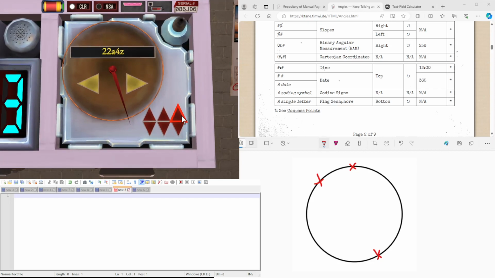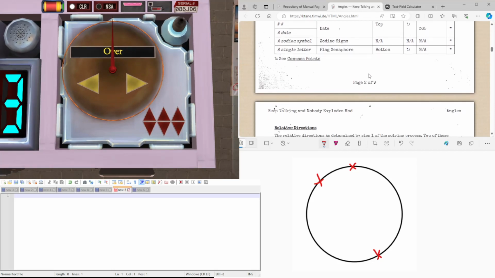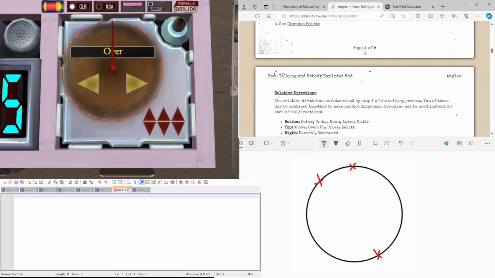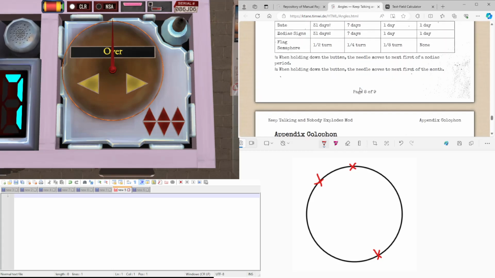Let's go back to here. 1, 2, 3, 4, 5. There we go. Then go back to this one. You start at the top here, and going back down to here.